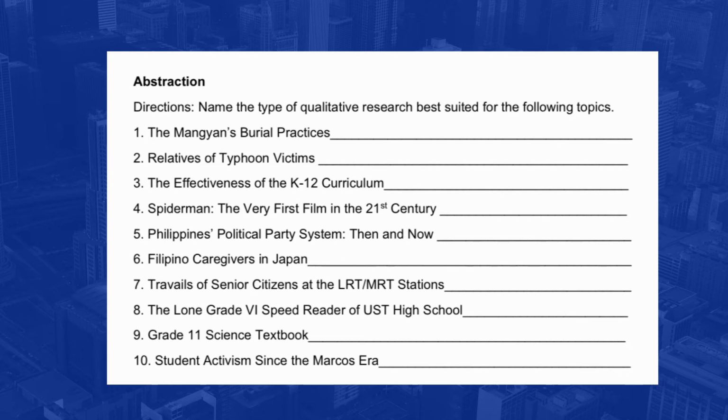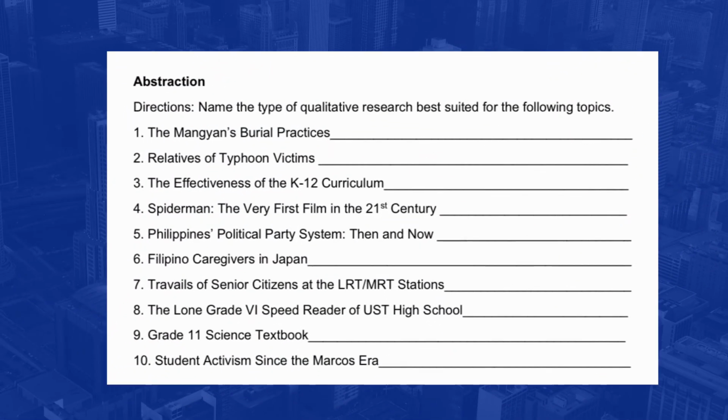Number 3, the effectiveness of the K-12 curriculum. This is an example of a case study. So you would like to know the effectiveness of the specific case, which is the K-12 curriculum. Number 4, Spider-Man, the very first film in the 21st century, is a content and discourse analysis because it would like to analyze the content of the film Spider-Man.